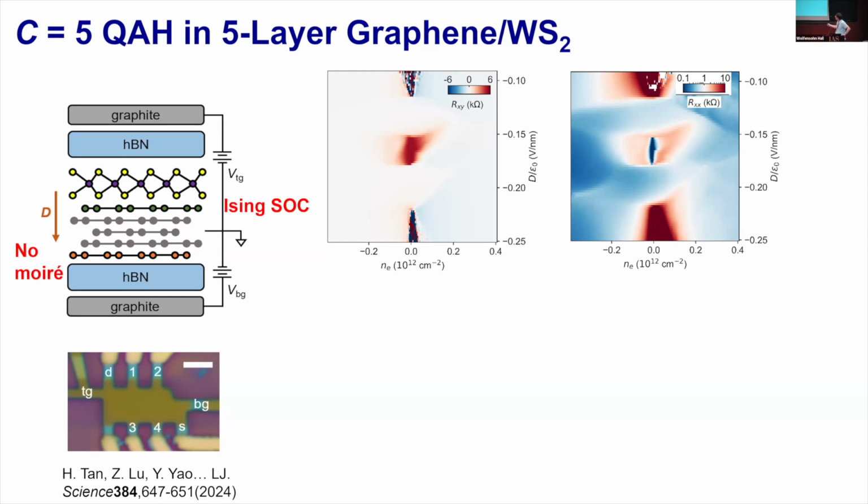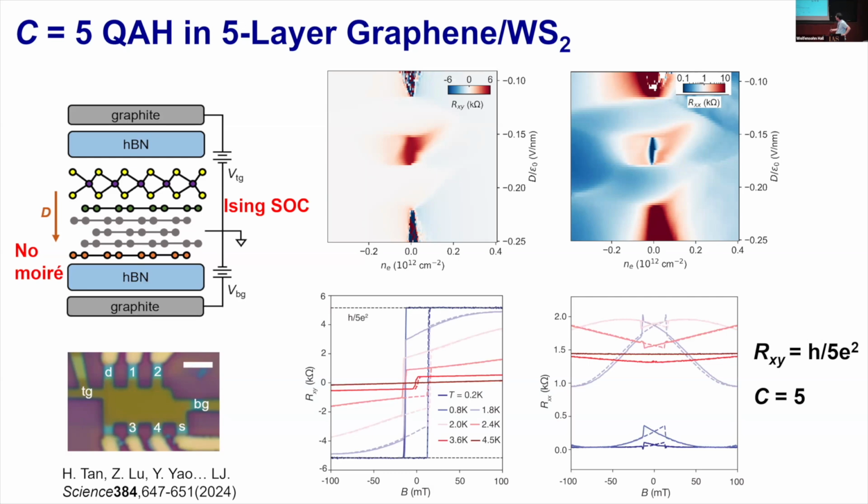And if you park in the middle of this region and sweep the magnetic field, you get the right magnetic hysteresis loop of Rxy that corresponds to h/5e squared. It is 5 times smaller than h/e squared, and that tells you it's a Chern number equals 5 state.